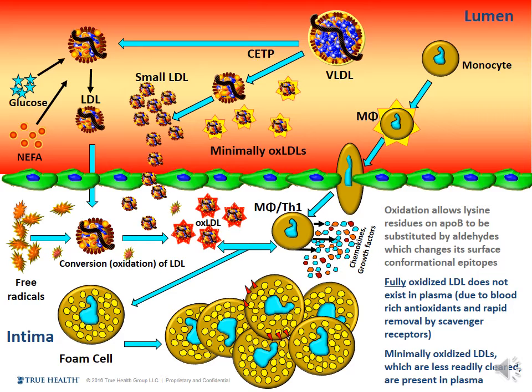When an LDL is oxidized, it is the phospholipids that are oxidized, but it is also some of the amino acids that are on apolipoprotein B. And oxidation allows the lysine residues on ApoB to be substituted by aldehydes. And that transformation changes the conformational shape of ApoB, allowing certain epitopes, which can be recognized by antibodies, to exist.